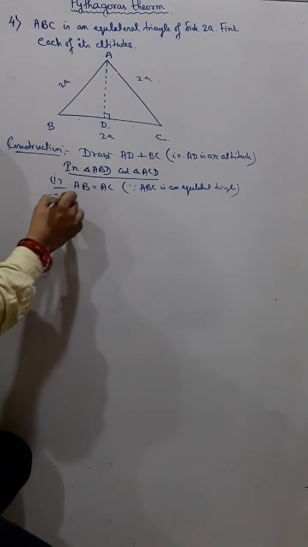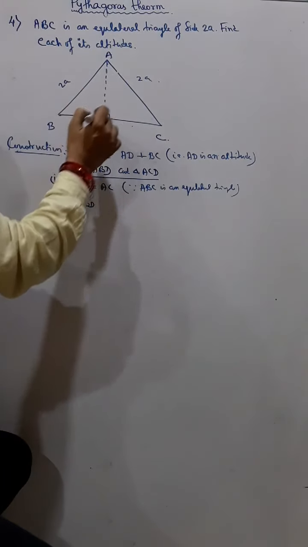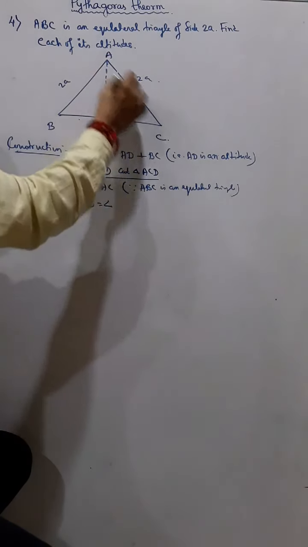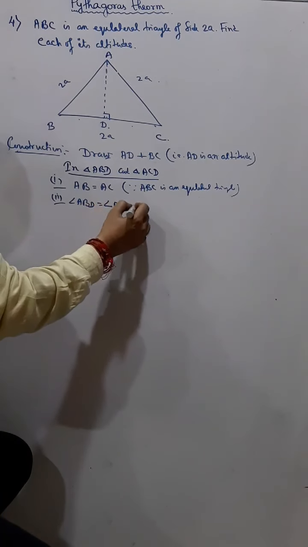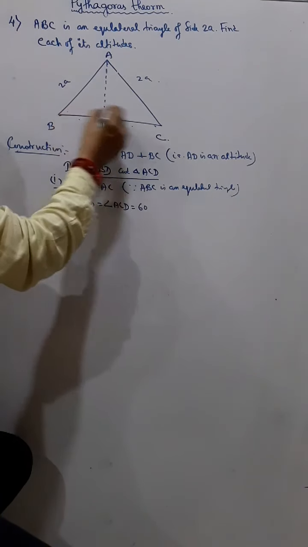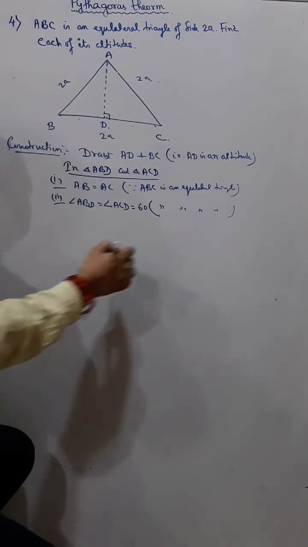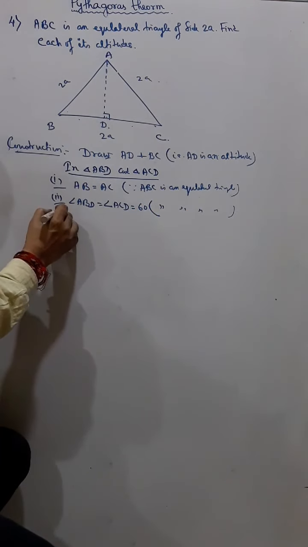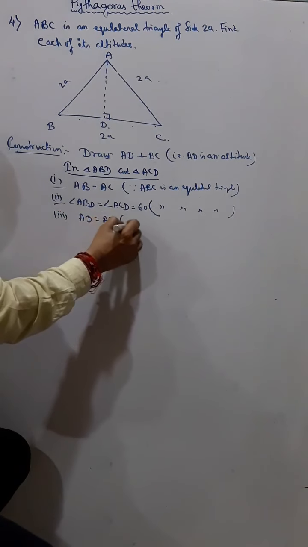Similarly, number 2, angle ABD is equal to angle ACD, each 60 degrees, and the reason is the same: ABC is an equilateral triangle. And number 3, AD equals AD, that's common.